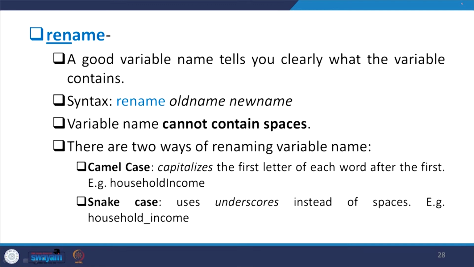The variable name cannot contain spaces, as I told you. There are two approaches to renaming variables. One is called camel case, another is called snake case. Camel has a continuity: you need not give spaces, you just capitalize the starting letter of the second word, like a hump of a camel.